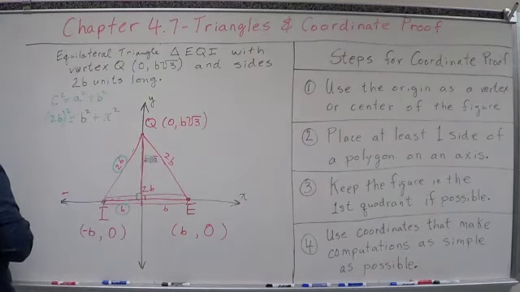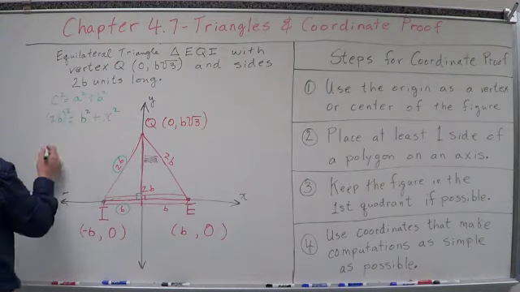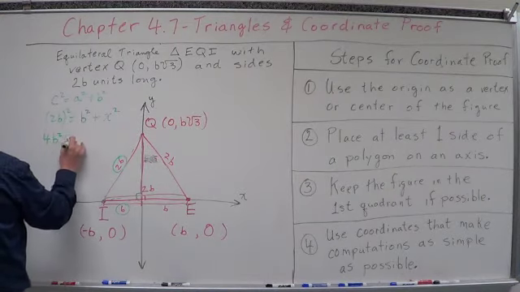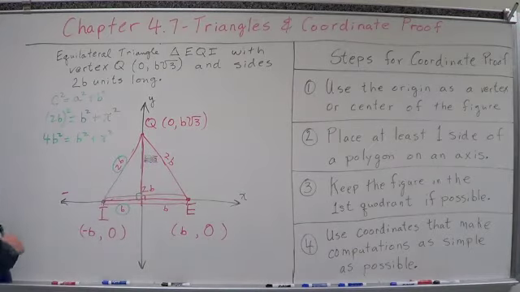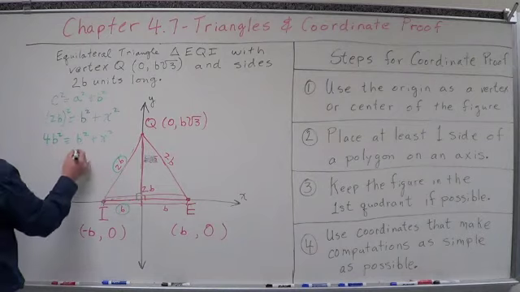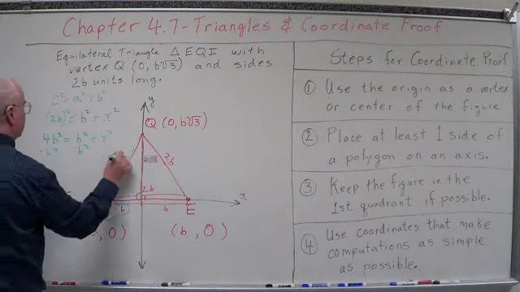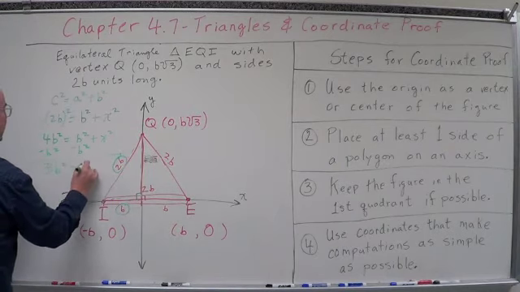So, what do we get here when we do this? Let's square everything inside. That's 4b squared equals b squared plus x squared. Okay, so let's subtract b squared from both sides. Where do we end up? 3b squared equals x squared.